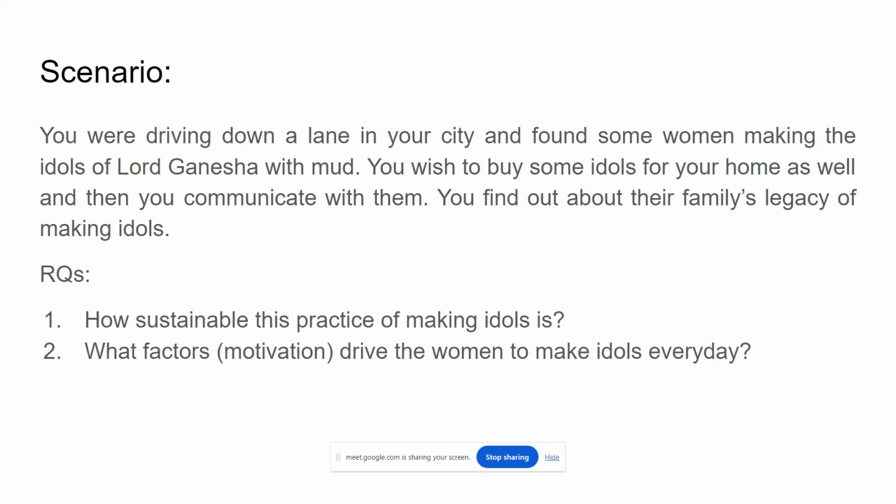So with these two research questions in mind, if you go to the field, it becomes very easy for you to just focus on the major aspects, things that you think make the practice of making idols sustainable. So you might just ask questions to them with respect to this question.